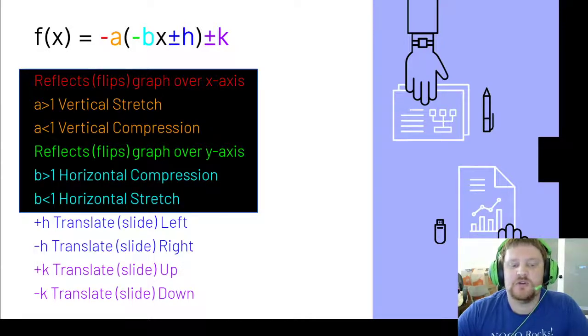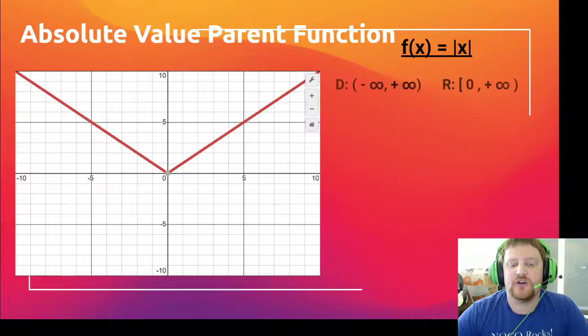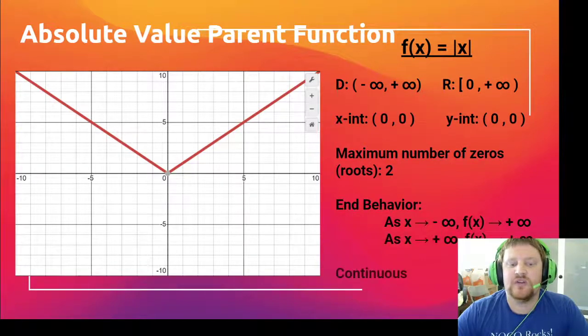Alright. Hopefully you will also remember this slide from when we were talking about parent functions. Once again, if you need a brief refresher on this slide and you're not exactly positive how the absolute value parent function works, go ahead, pause now, take a second look at this one.